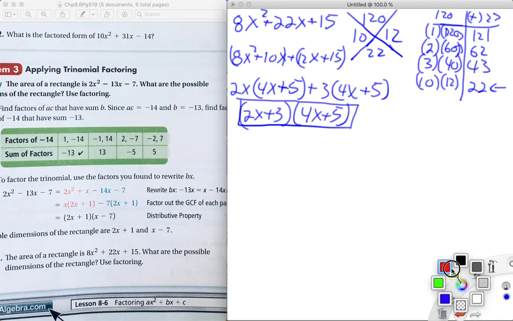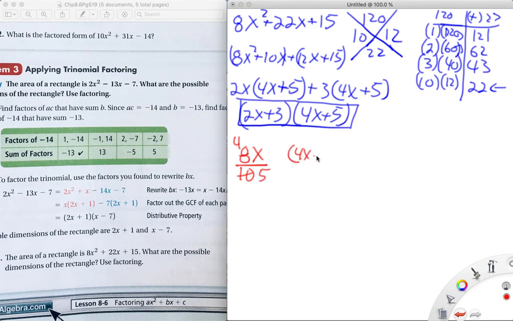Again, if you want to do it the other way, the a coefficient, which is 8, the variable, which is x, you could try to divide it by 10. These guys can be divided by 2, so that's a 4, and that's a 5. Whatever is in the numerator is first, so that's a 4x. And then in the denominator goes second, plus 5. That's the first term.